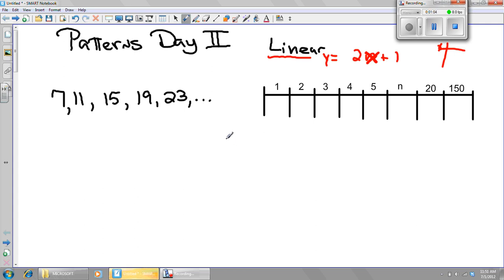And so we call that a linear pattern. Now, we're going to be able to tell if it's linear or not without actually graphing it, because it's really simple to do. But I'm going to do this one, and we'll see if you can tell why it's linear.